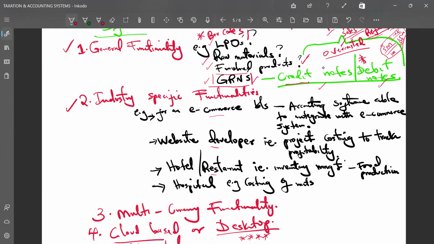When you're running a hotel, remember you're having accommodation. Are you able to track the food that you serve to your guests in the rooms? I want you to look at it in that perspective so that you get the essence of industry-specific functionality. This is the hotel industry, and there is a functionality which is unique to it.